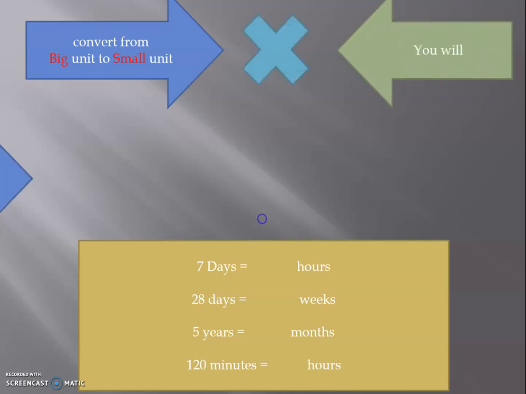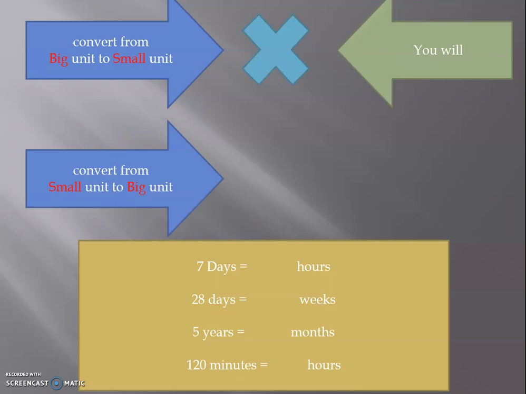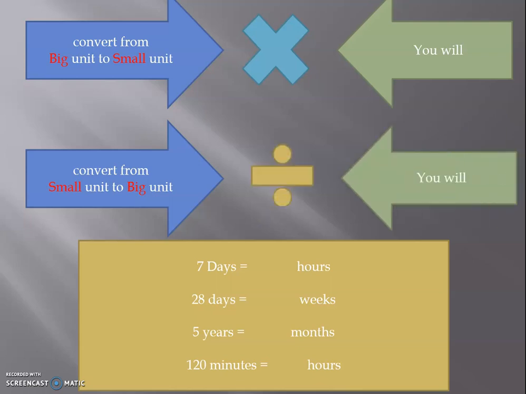But if you want to convert from small units to big units, from seconds to minutes, or from minutes to hours, or from days to weeks, from months to years, you need to divide. Let us see some examples.